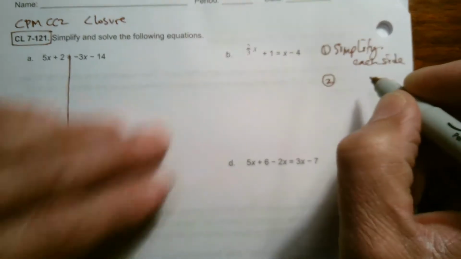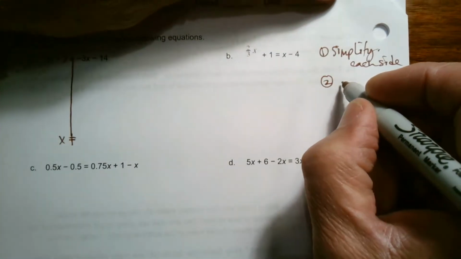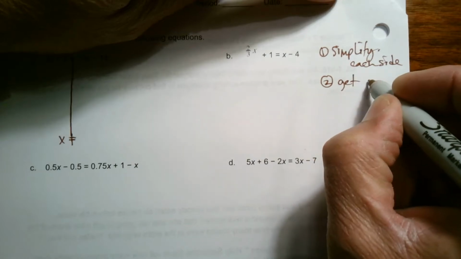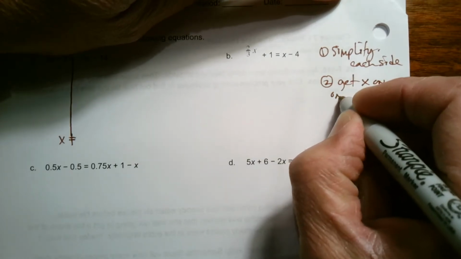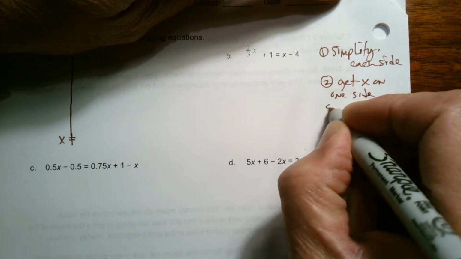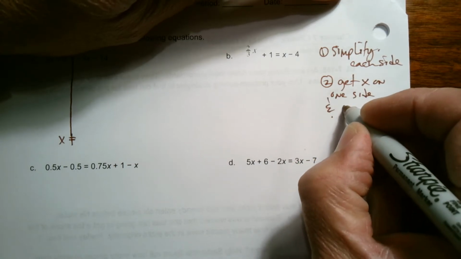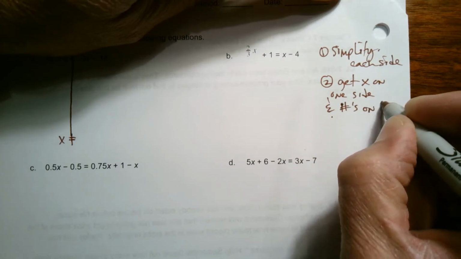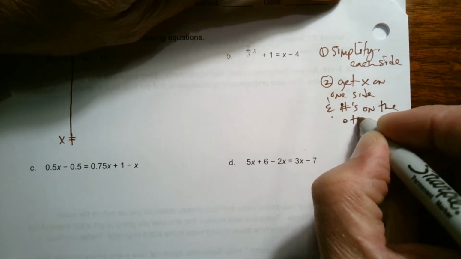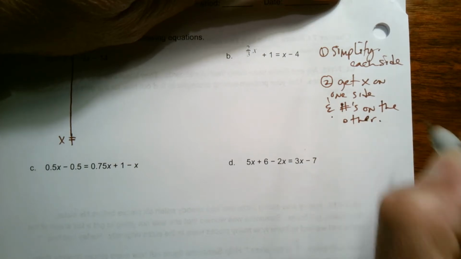The second step is to get x on one side and the numbers, the constants, on the other. That's to isolate the variable term.